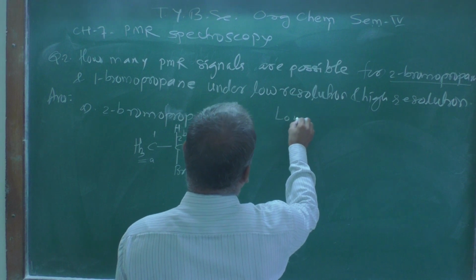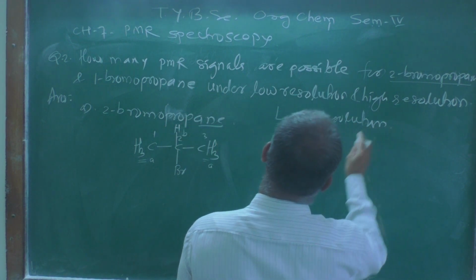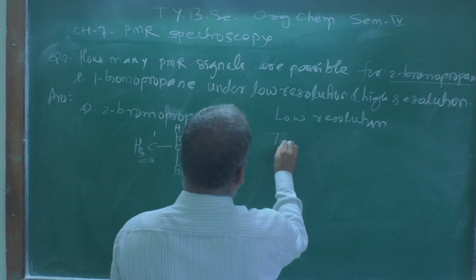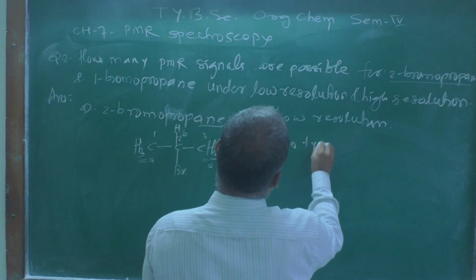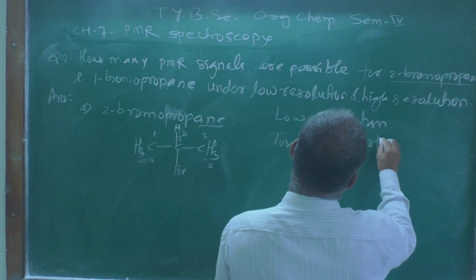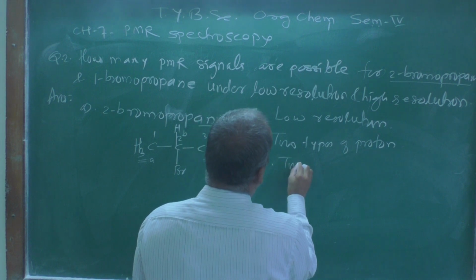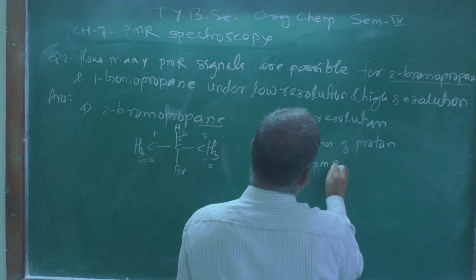Under low resolution, 2 types of protons, therefore 2 PMR signals.